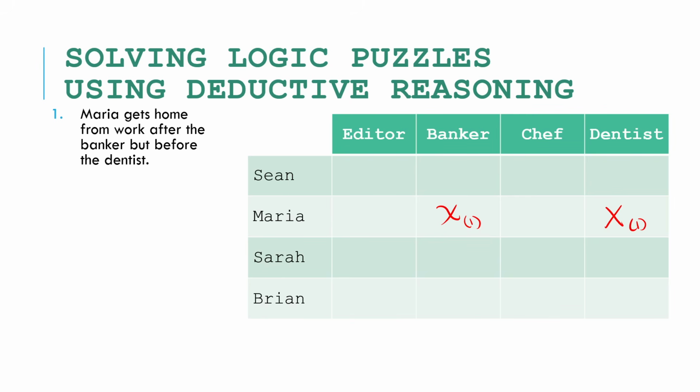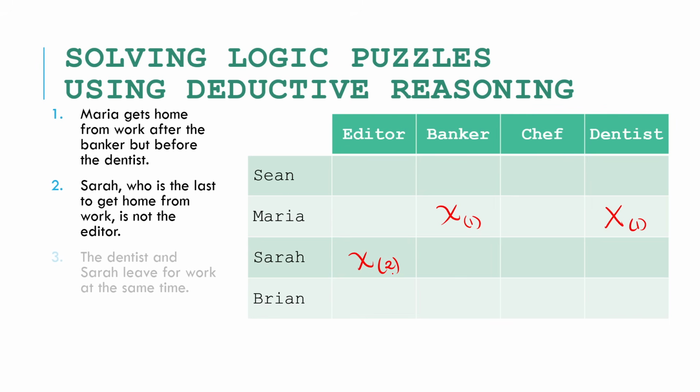Now, what is our second clue? Our second clue is that Sarah, who is the last to get home from work, is not the editor. So if Sarah is not the editor, we have to put an X in the intersection of Sarah and editor, and that's here. And this is from clue number 2. Okay? Third clue.